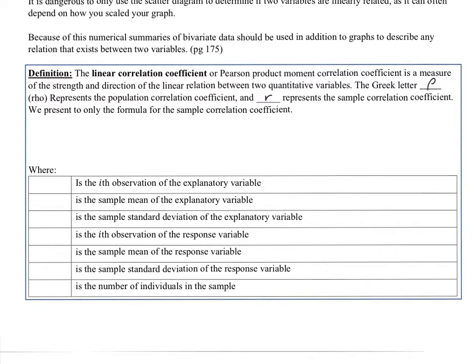And we present only the formula for the sample correlation coefficient. So the sample, we have r equals the sum of (x sub i minus x bar) over s sub x, times (y sub i minus y bar) over s sub y, all over n minus 1.